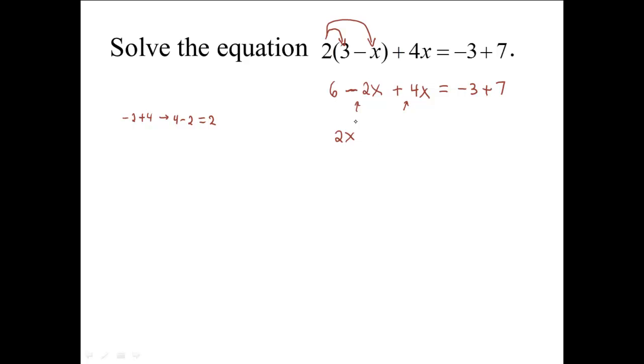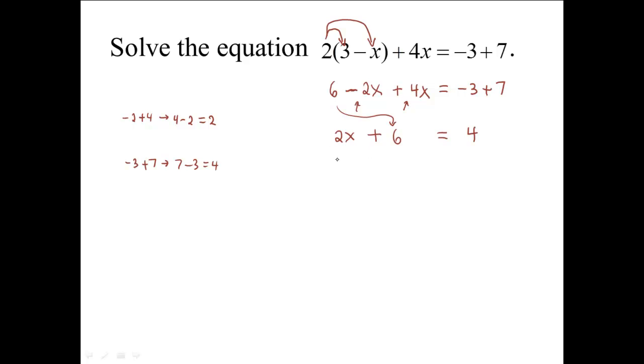So we have 2x, bring down that plus 6. That plus 6 came from here. Equals -3 plus 7. -3 plus 7 is the same thing as positive 7 take away 3, which is 4. So we have 2x plus 6 equals 4.